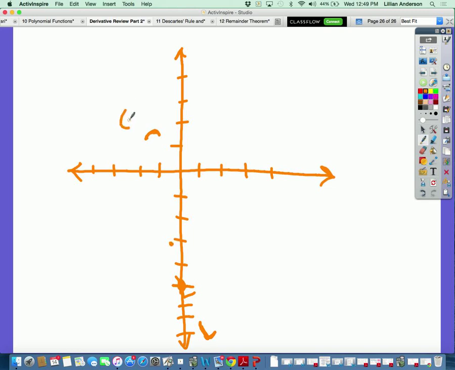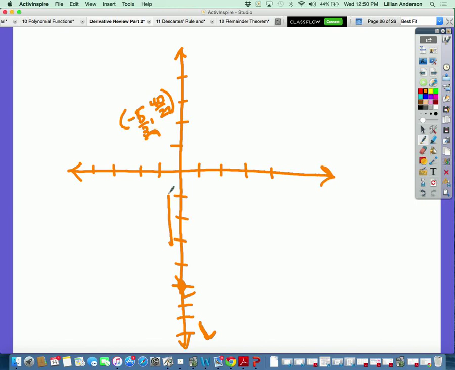The max was at negative 5/3. That'd be not 2 and not negative 2 or negative 1, but in between. So this point is right here, where you go from being concave down.